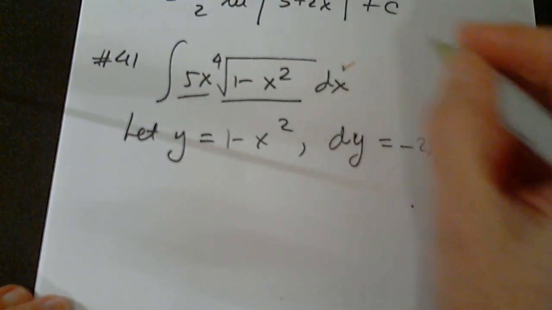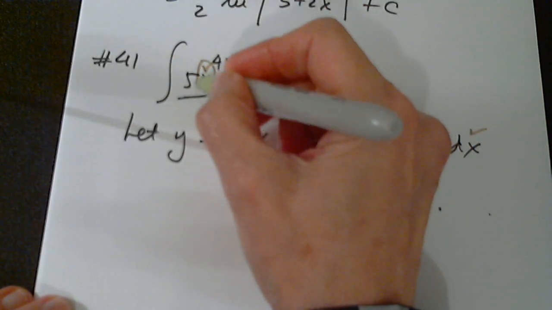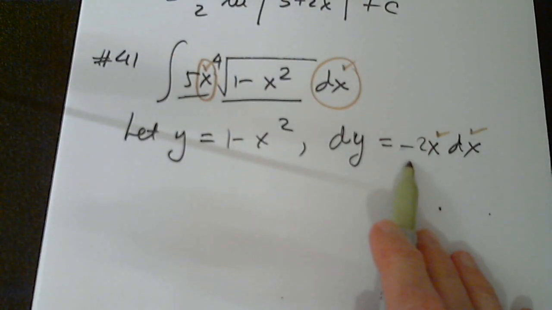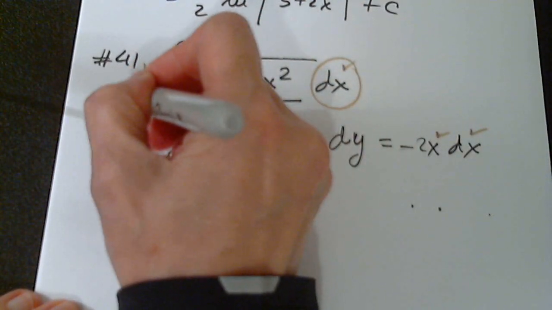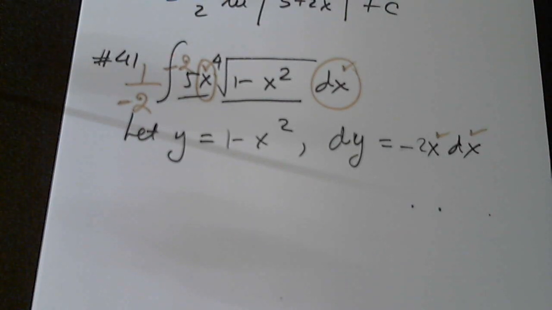So, dx is dx. x is x. So this piece and this piece. I don't have the negative 2. No big deal. Multiply by negative 2 and divide by negative 2. That will never hurt anybody, and it's just 1.